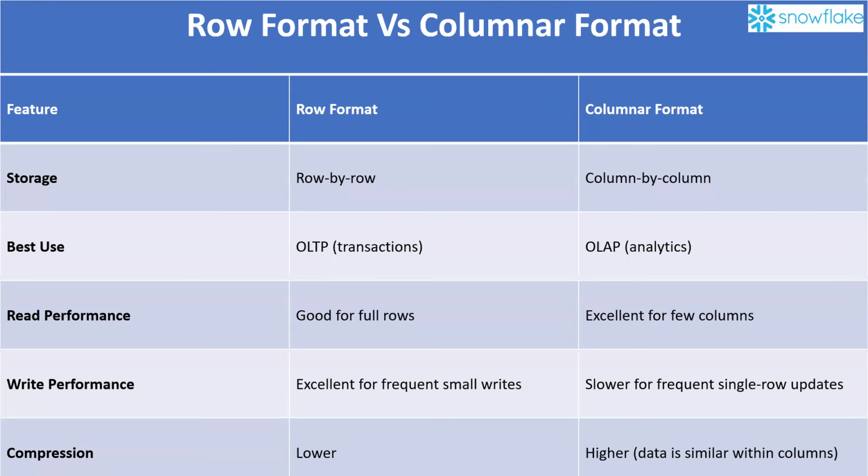In Snowflake, data is always stored in columnar format. In other databases, it is stored in row format. If you store the data in row format, what are the disadvantages of it? Can anyone please answer this question?